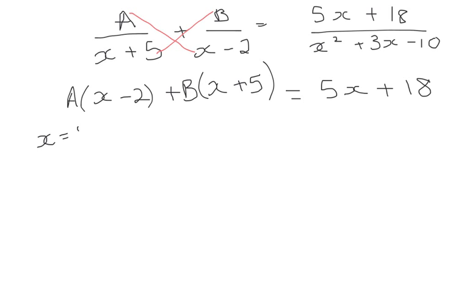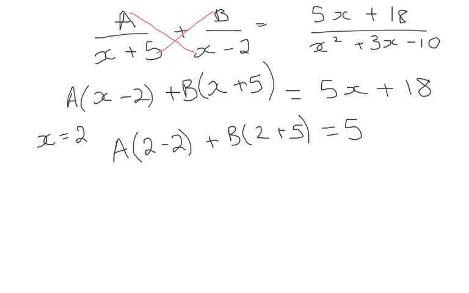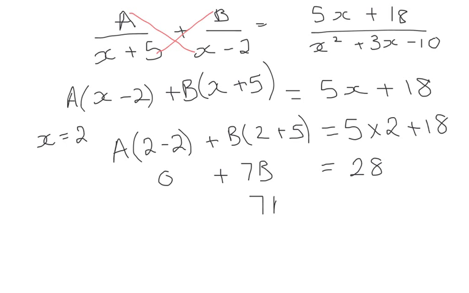Choose x equals 2, so that when we run 2 through, a(2 − 2) + b(2 + 5) equals 5 times 2 plus 18. That means the first bracket is 0. And here we have 7b, 5 times 2 is 10, plus 18 is 28. So we have 7b equals 28 and b equals 4.